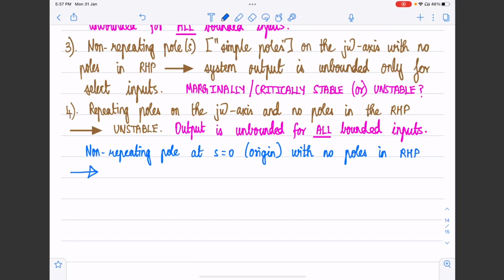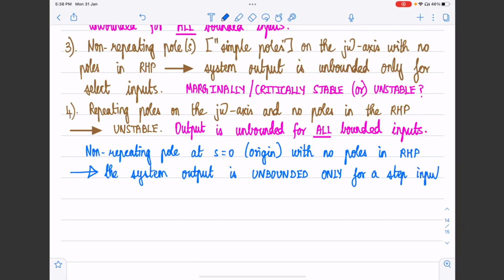The system output is unbounded only for a step input.